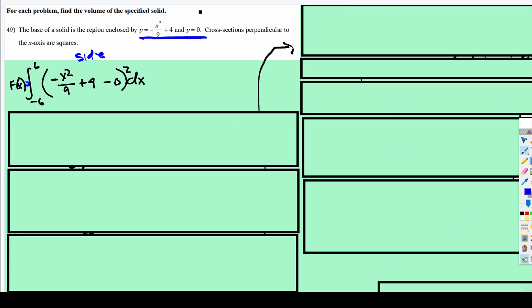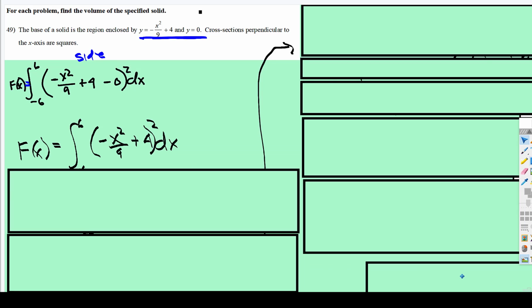Now we're going to simplify, because that subtract 0 doesn't really help anything. And now you have a binomial squared. And remember, with a binomial squared, it's 1, 2, 1. So it's the first thing squared, negative x squared over 9 squared, and then it's 2 times negative x squared over 9 times 4, and then it's 4 squared. 1, 2, 1.